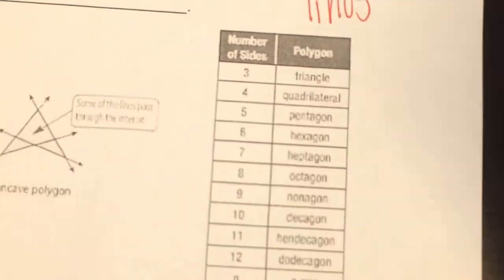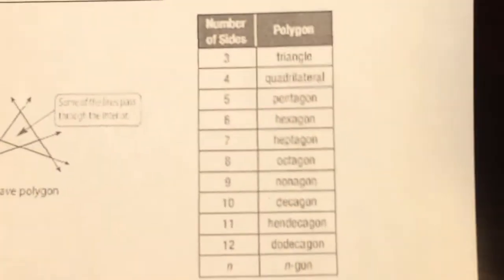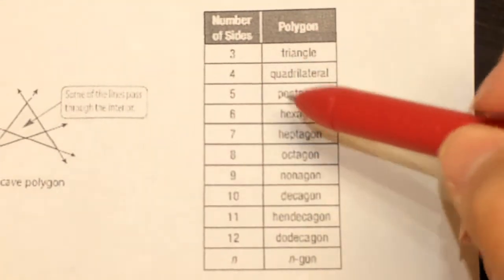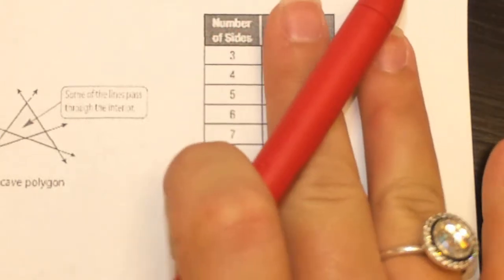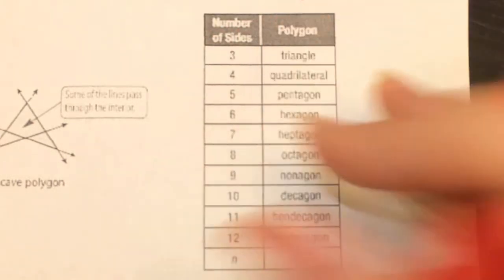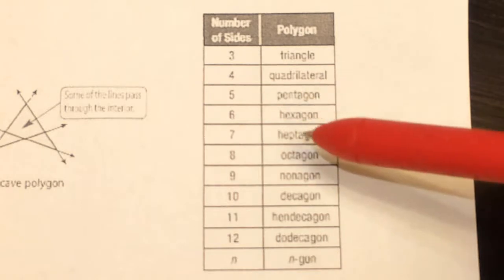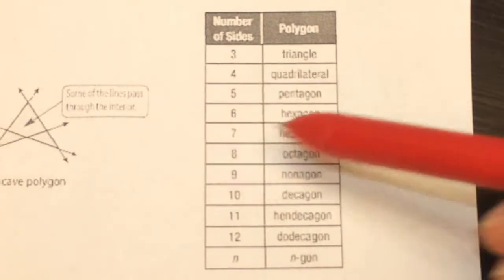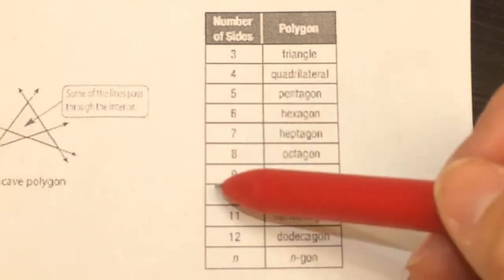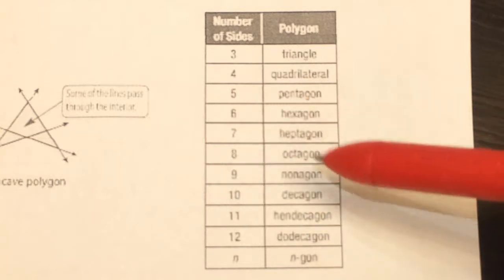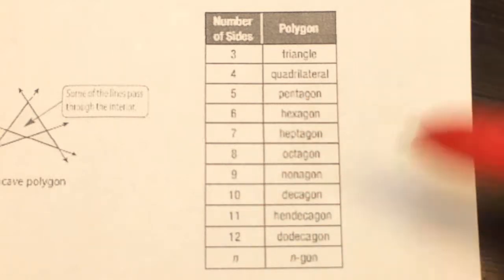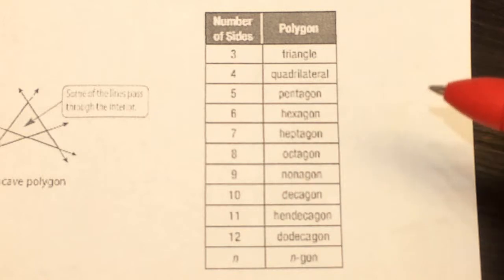Okay, so this table right here, the number of sides versus the name. What is a 3-sided polygon called? 4, 5, 6, 7, 8, 9, 10, 11, hendecagon, 12, dodecagon.